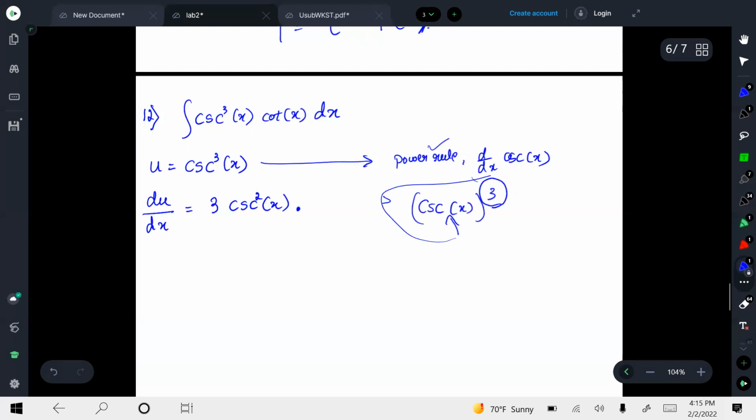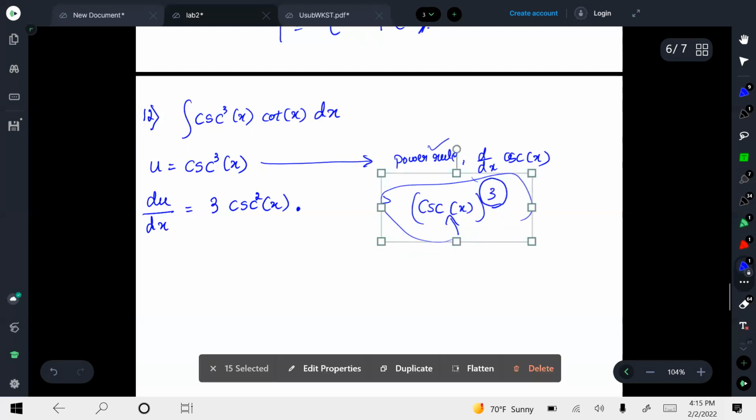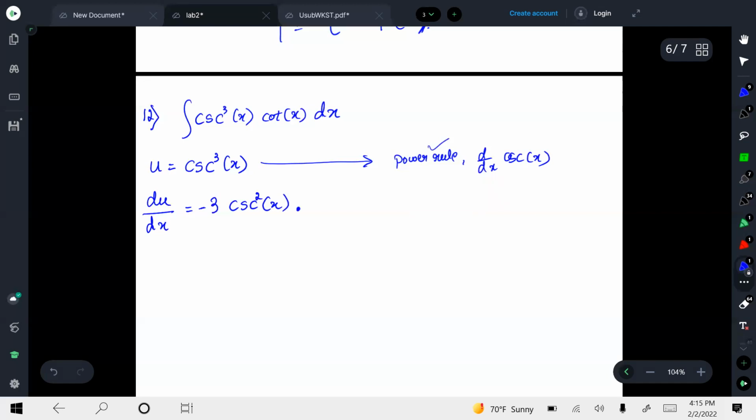Now, what is the derivative for cosecant of x? That is going to be minus cosecant of x into cot of x. First we find d by dx of cosecant of x, the whole cube. That will give you 3 cosecant of x, the whole square, because 3 minus 1 is 2, n minus 1.